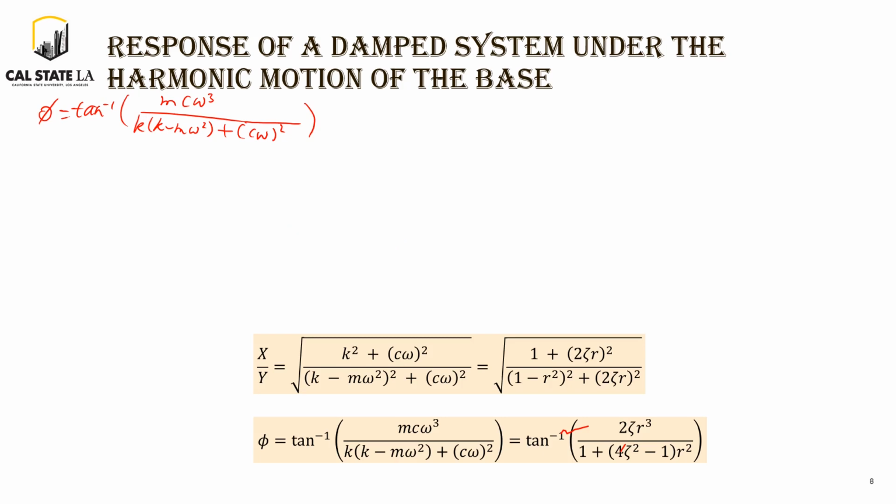So we will do the same thing by finding what is m over k, because we have m over k on the first term, right? At the same time, we have c over k. We'll find a m over k and a c over k, then we'll replace those and be able to simplify that. We divide by k squared for both the numerator and the denominator. Let's see what we have.